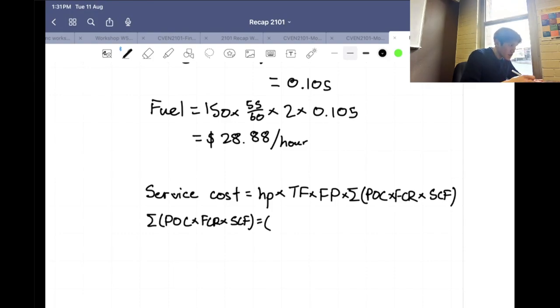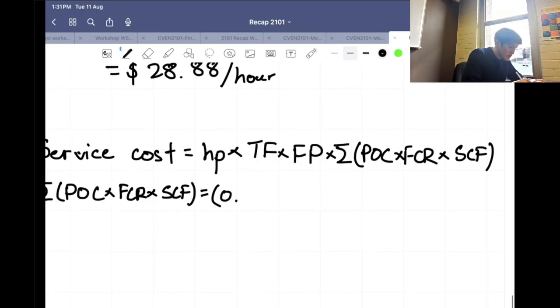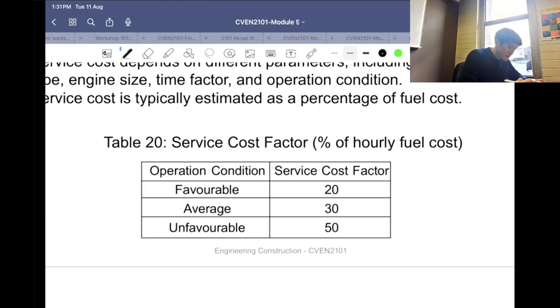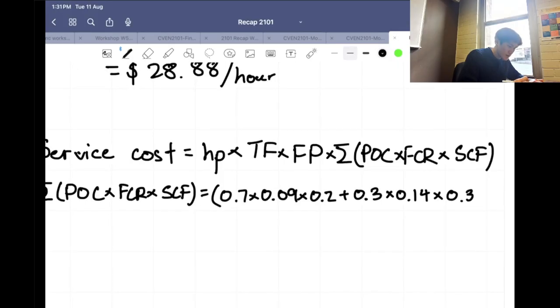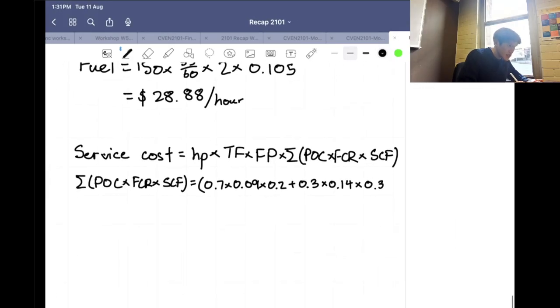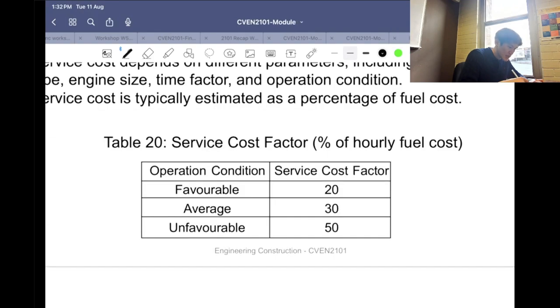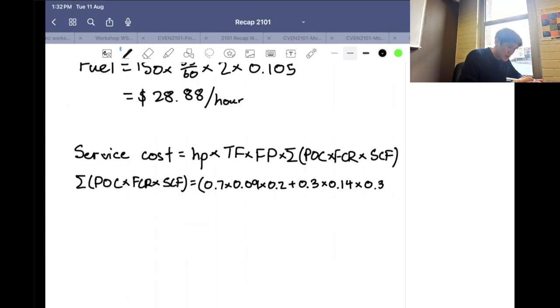Which is just 0.7 times 0.09 times 0.2 plus 0.3, this is for your average conditions, times 0.14 times 0.3. So this is in percentage. It's given in the table as a percentage, so you just convert it to a decimal.